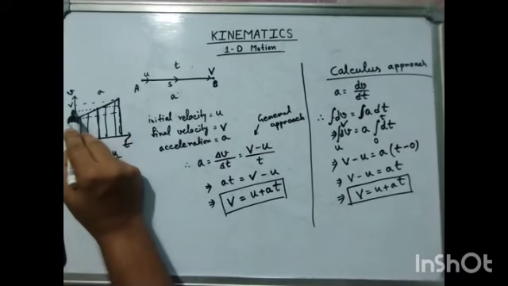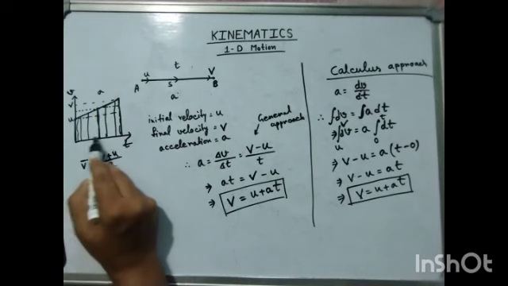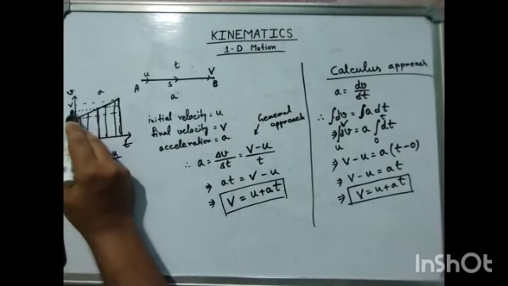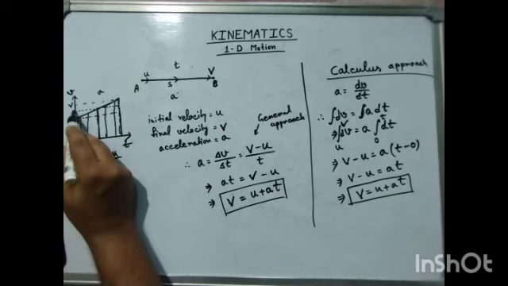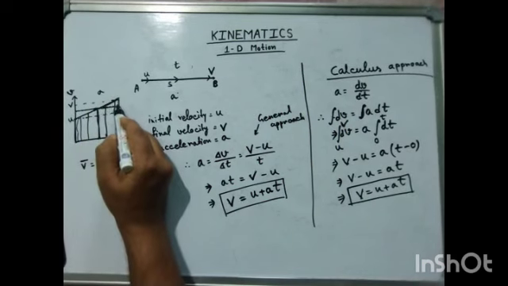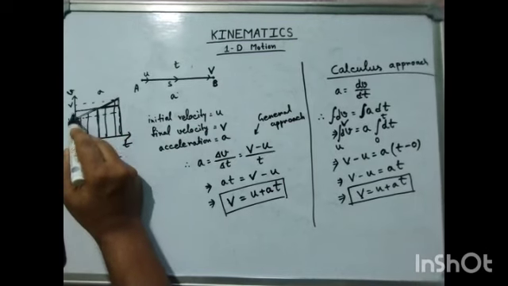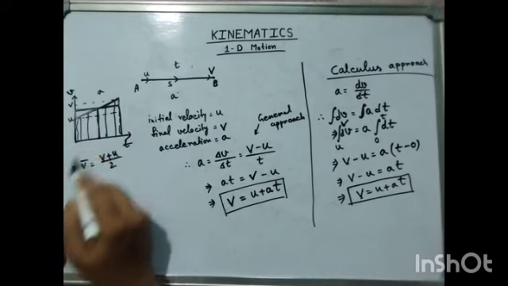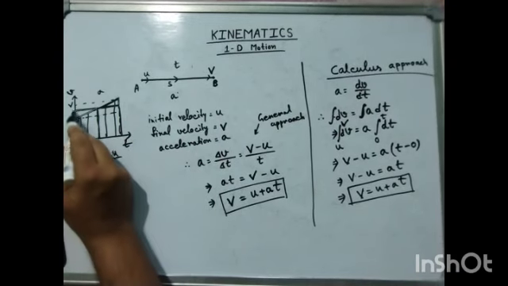Now if you take this average value and multiply it with t, then it will be the same as the area under the curve, because this extra part will be nullified with this part, so this area will be the same as this area.